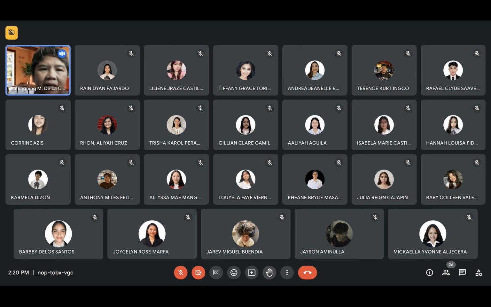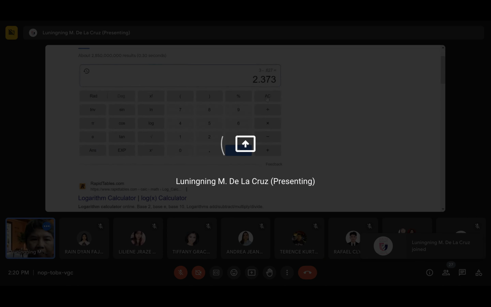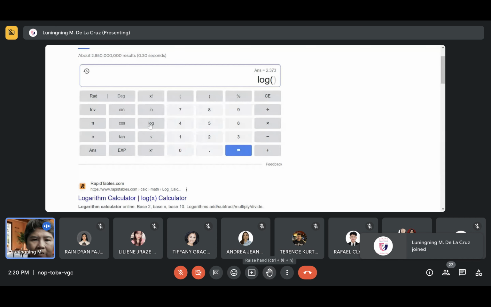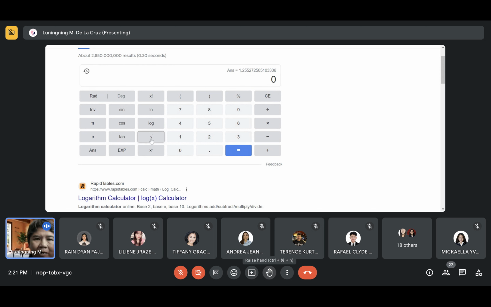If I write here the number 18, I'll write log and get the log of 18. Not yet. It's the square root, class. Sorry. So I have here square root, and I'll write the number 18. So I get 4.24. Okay?